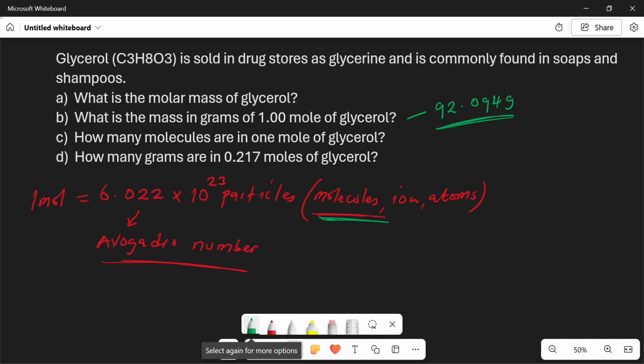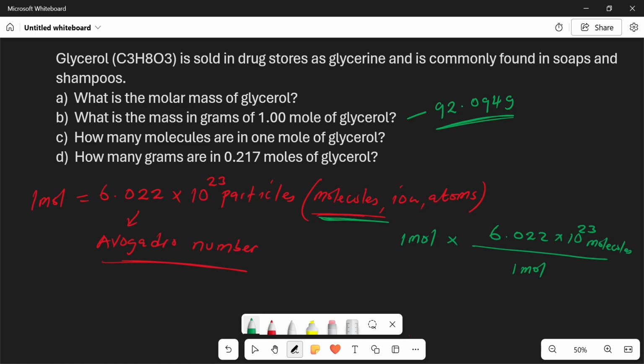So our answer is 6.022 times 10 to the power of 23 molecules. In other words, in order to convert from moles to molecules, you just need to multiply by the Avogadro number. So since we are given 1 mole of a substance, we'll say 1 mole multiplied by, now the conversion is 1 mole of any substance has got 6.022 times 10 to the power of 23.